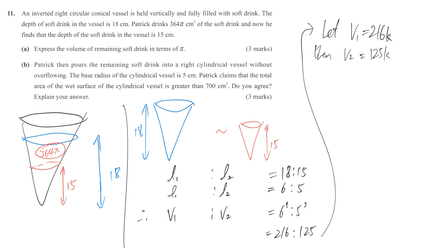And then go back to the given information. Given that V1, the larger one, minus the smaller one, or in reverse order, from the original soft drink minus the volume, is equal to the new volume, the remaining volume. Got it?